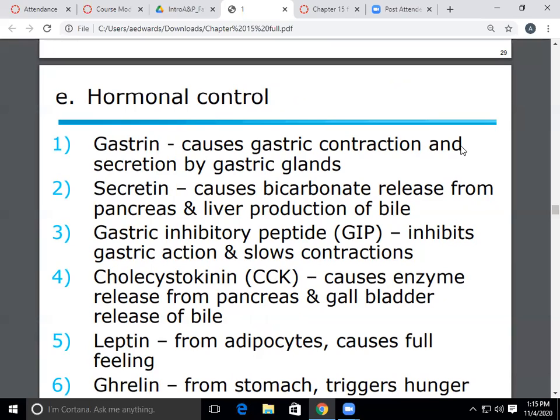You also have gastric inhibitory peptide. It's essentially a protein hormone, and it inhibits actions of your stomach, slows down contraction in your stomach. Cholecystokinin, or CCK, is going to cause the pancreas to release enzymes, and it's going to cause the gallbladder to release its bile.